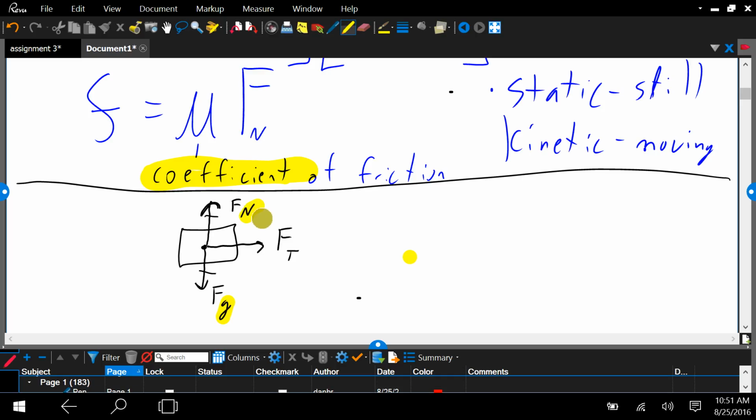The second has an N: the interaction between the block and the table that causes my normal force. The third one's a T: the interaction between the block and the rope or string, which causes a tension force to the right. Again, I put a capital F for forces and change the subscripts to communicate what kind of force and what kind of interaction we're looking at.